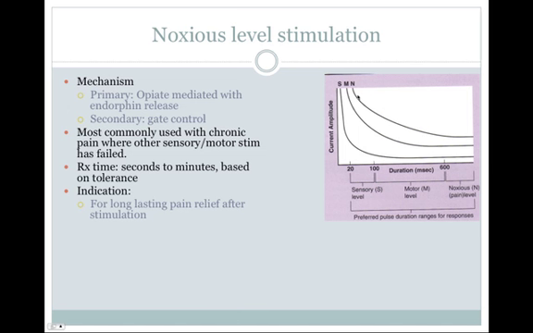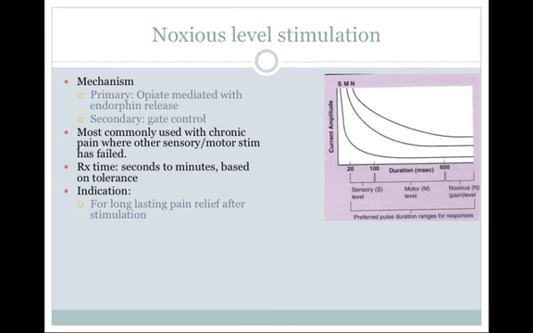So again, the mechanism of this one is opiate mediated, and it's very useful for people with chronic conditions, chronic Achilles tendonitis or elbow tendonitis, things that have been existing for some time and nothing else has kind of worked.